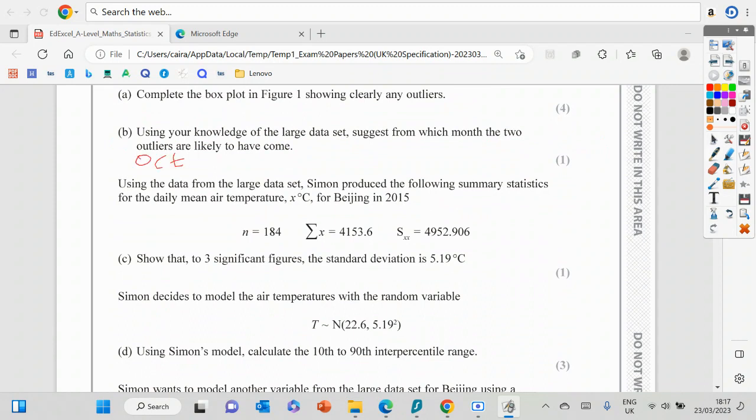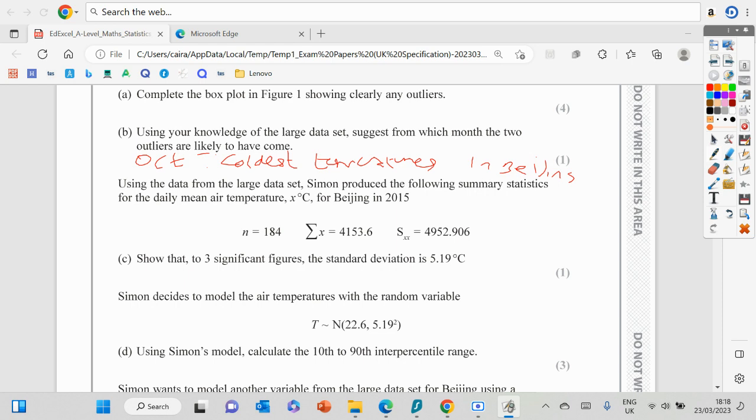Now, this is only because if you know your large data set, it has the coldest temperatures between May and October in Beijing.